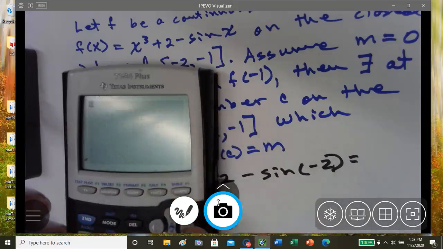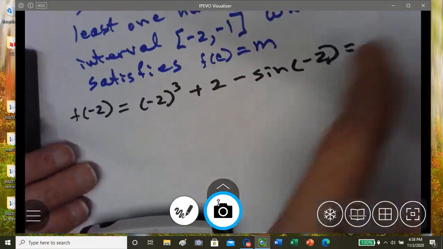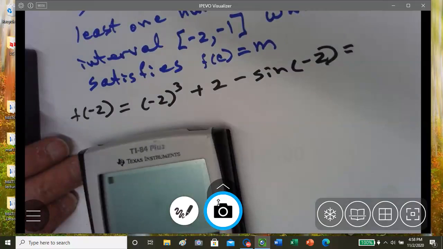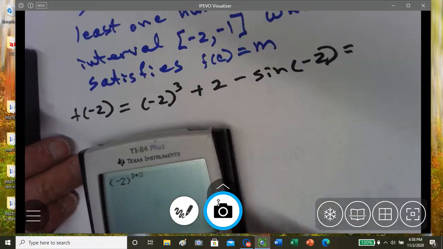So we're going to put in negative 2 cubed plus, oh, be careful. You have to make sure that you see how this is still up here in the exponent.